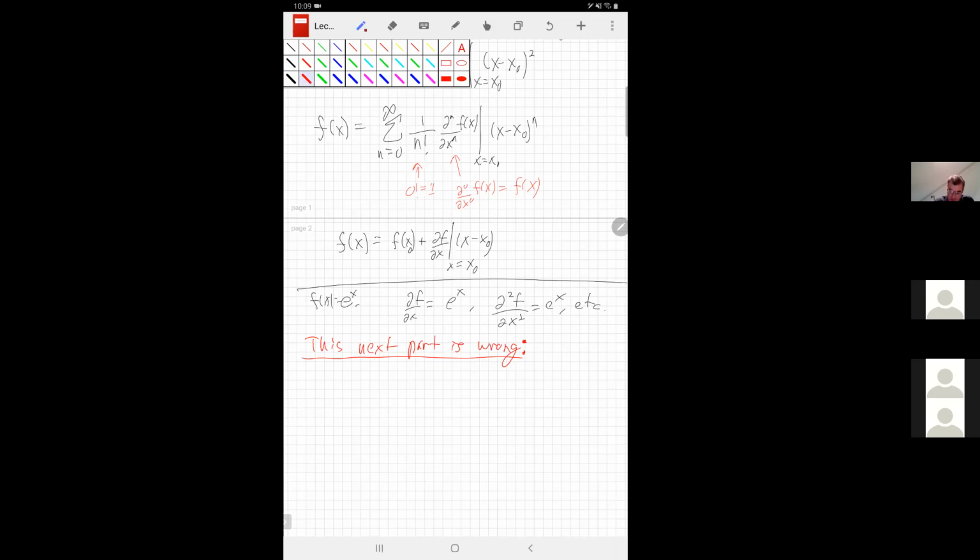All right, let's say we were to try to write out the series that way. Well, we would get f of x is e to the x at x naught, plus e to the x times x minus x naught, right? Because that is the derivative.